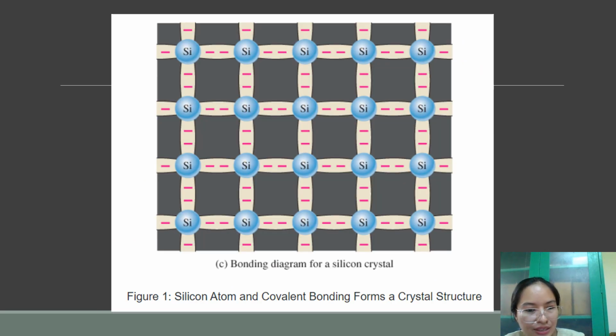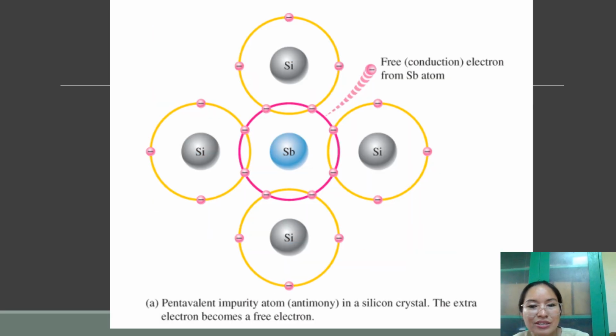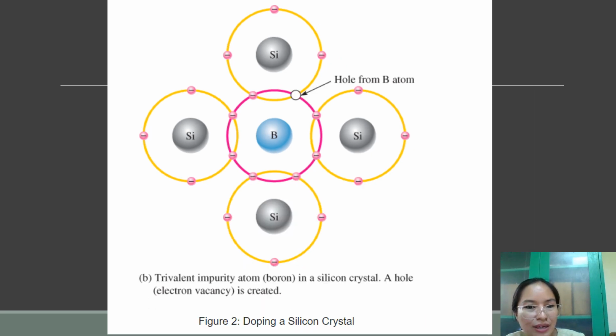So you can see here on figure 1, silicon atoms in covalent bonding form a crystal structure. So you see that there is now a donor, and now it receives an extra free electron from the donor.